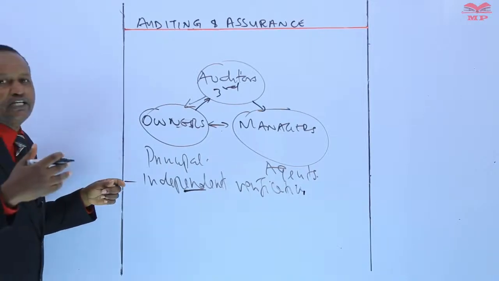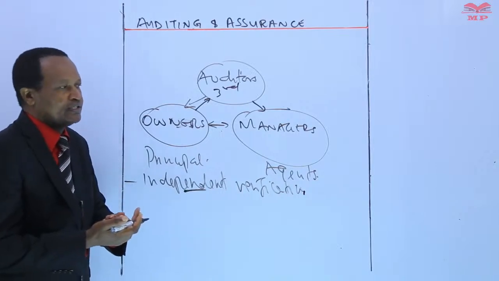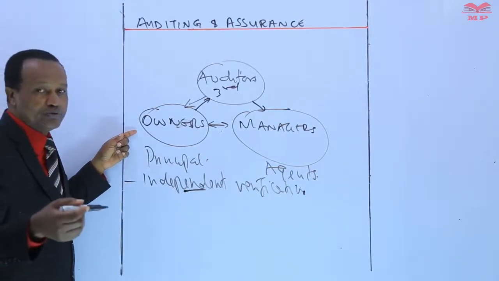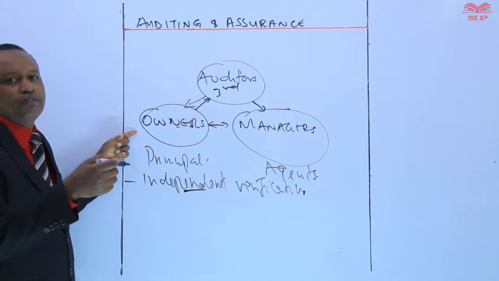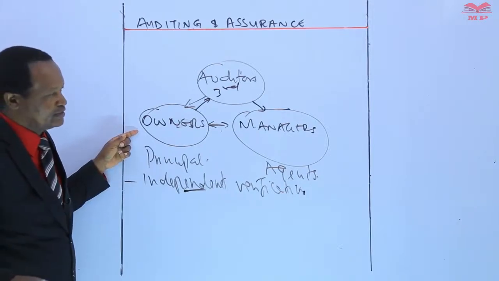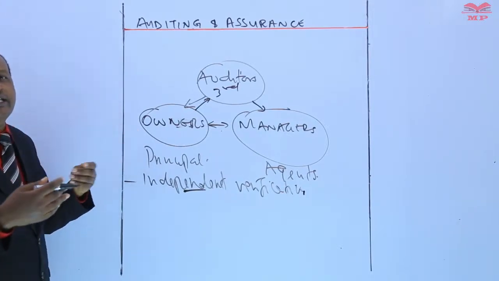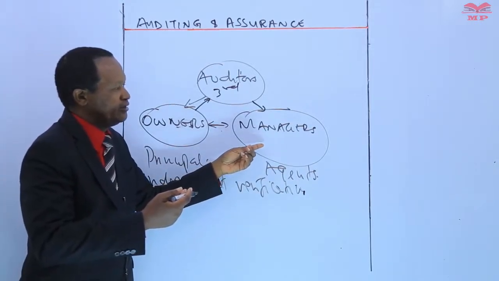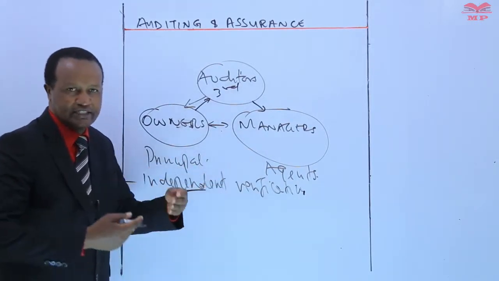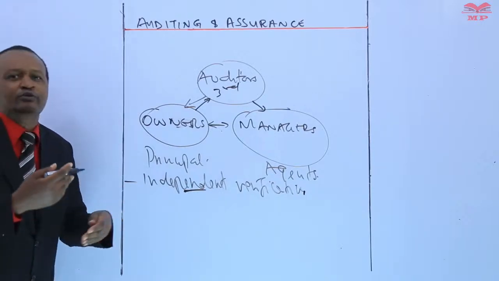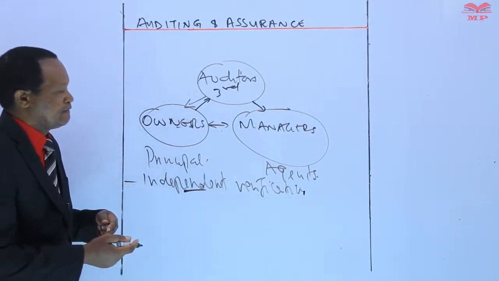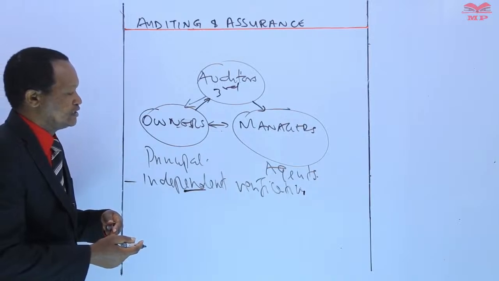Their objectivity ensures that the financial information is reliable and free from material misstatements, thereby reducing the risk of agents, who are the managers, manipulating information for their personal gain. Do you understand?